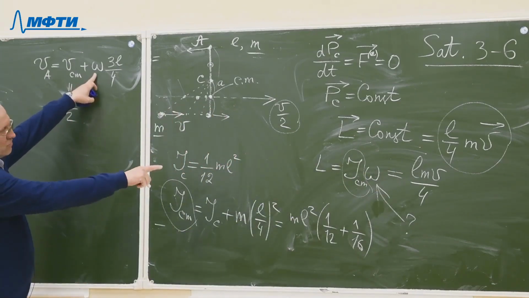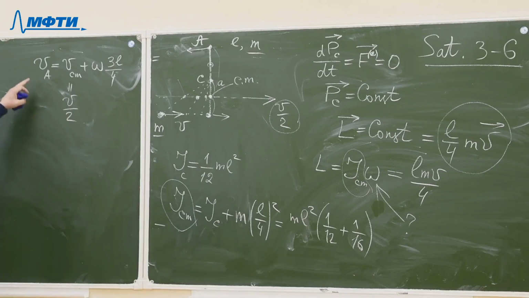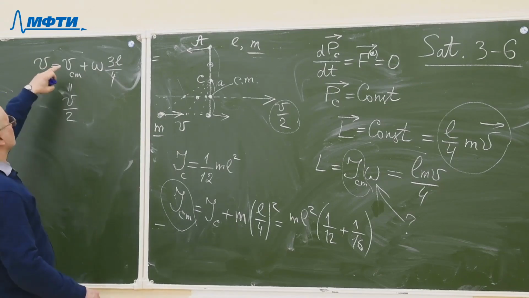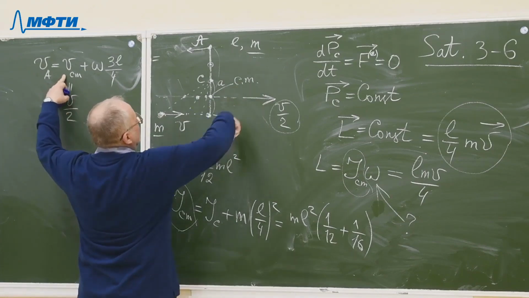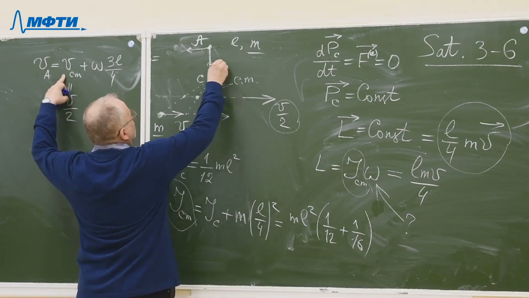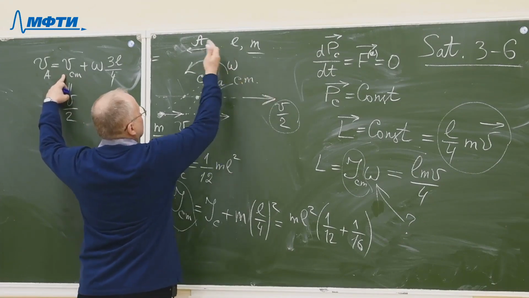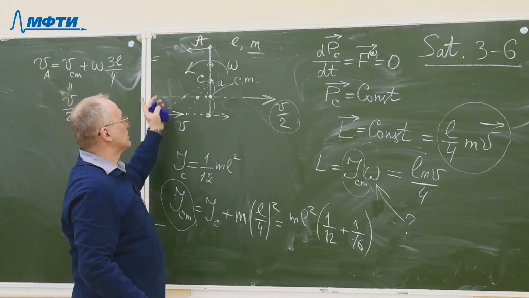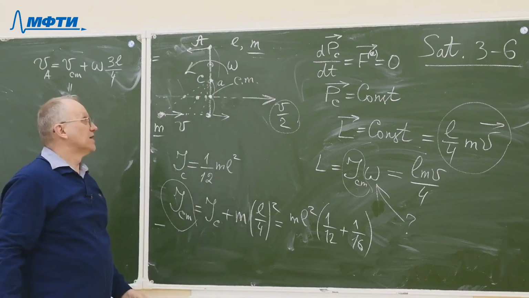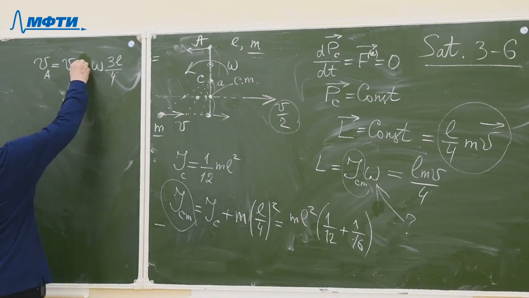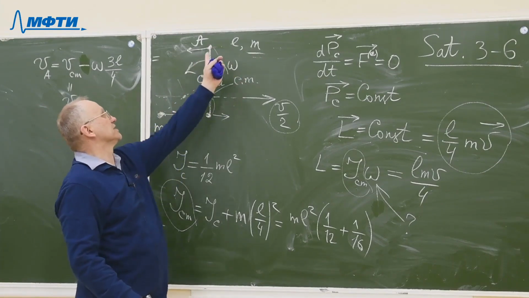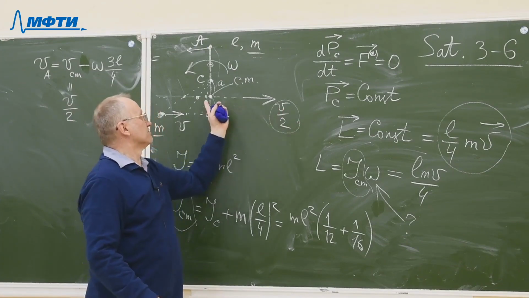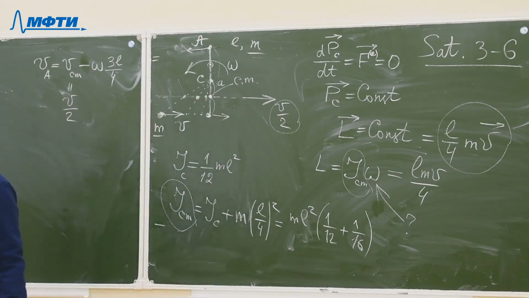And here we will substitute omega, calculated from these simple equations. You know omega from this equation, and that's very simple. You will find VA. But you must take into account that the velocity of the center of mass is directed to the right, but omega is the angular velocity of rotation, and the rod will obviously rotate counterclockwise. So actually there must be a minus sign here, because the velocity of point A due to rotation is directed opposite to the velocity of the center of mass.